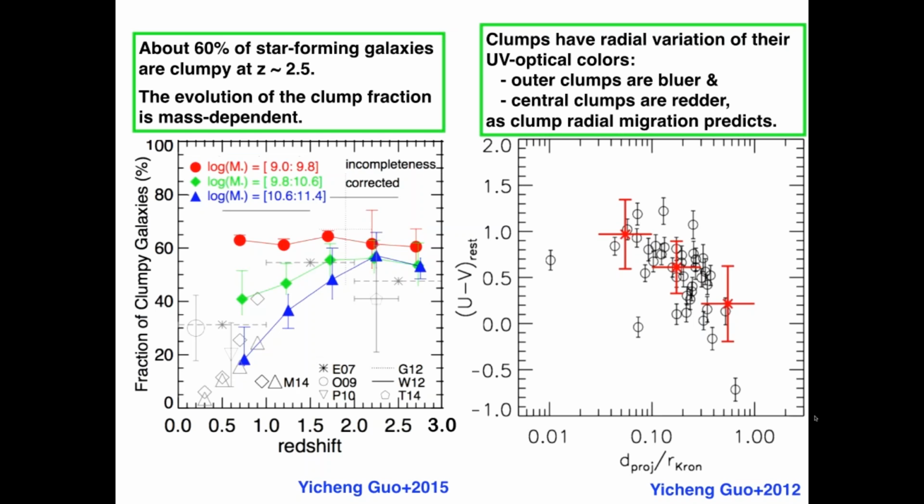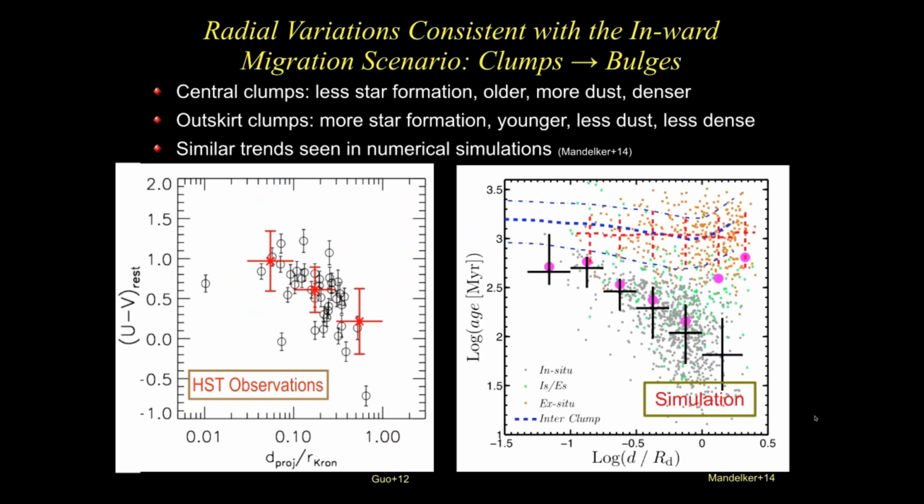On the left-hand side is those same Hubble Space Telescope observations, and on the right-hand side are our simulations. And what you're seeing is, with the big black crosses, how the simulations are showing this trend, red on the inside, and then as you go to larger and larger radii, bluer and bluer.